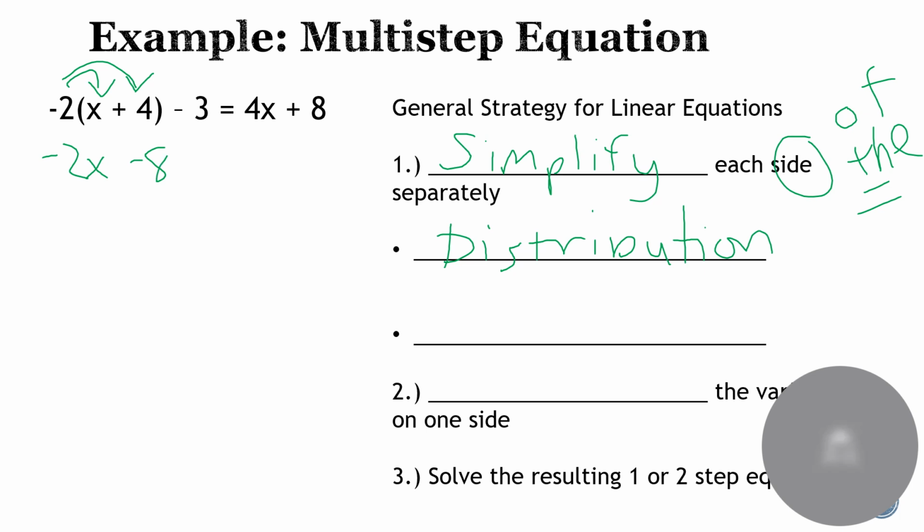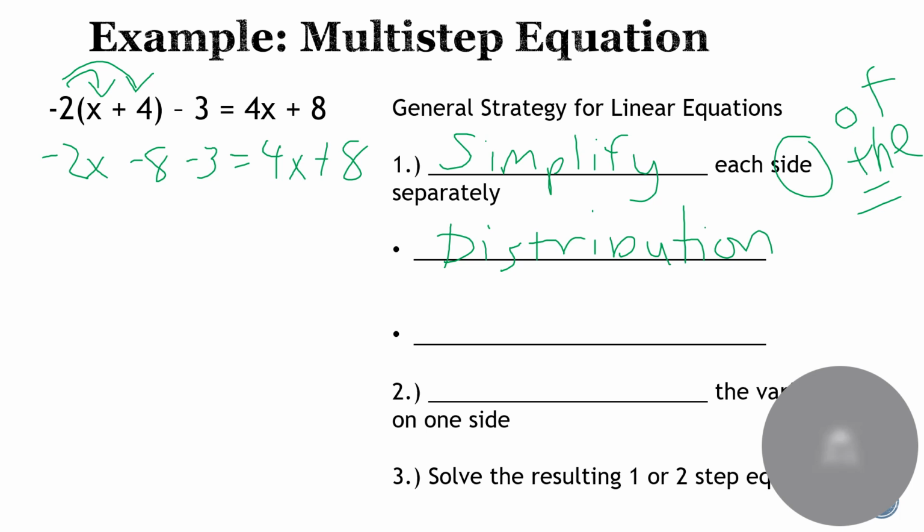And then watch how I'm going to do this. I'm going to bring down the -3. I'm going to bring down the equal sign, and I'm going to bring down the 4x plus 8. I am not leaving that stuff just like hanging. Okay, everything comes down, so there's this nice order and logic to the way we're solving the problem.